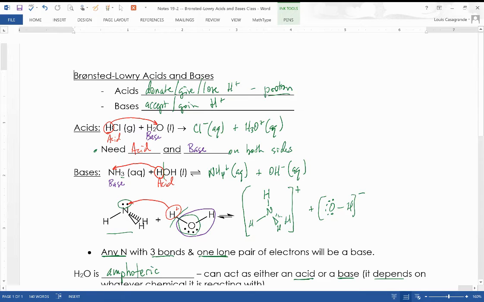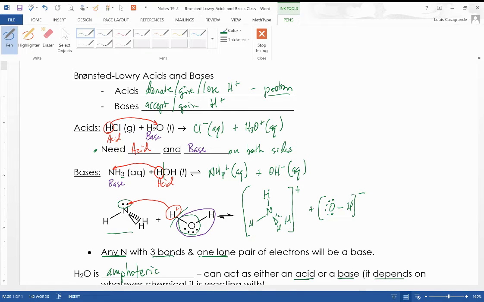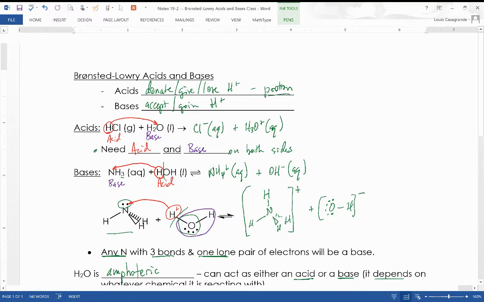So if we start off with HCl, let me change colors so that I can color code these. If we start off with HCl, what is left over after we lose the proton is the Cl minus. And so that makes the chloride our conjugate base. I'm going to abbreviate because conjugate is a long word to spell out.